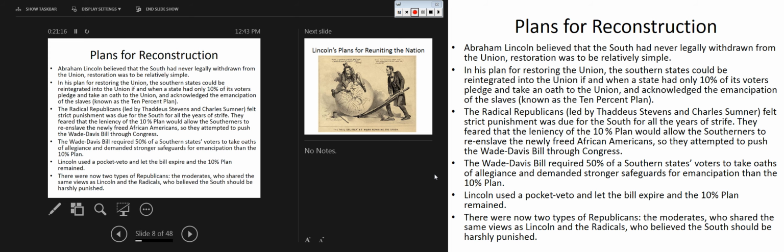On the flip side, you've got a more balanced, radical-to-moderate Republican approach, and that was the Wade Davis bill. As I talk about both groups, the radical Republicans wanted the South to pay.